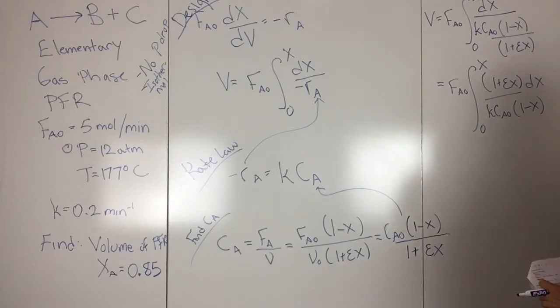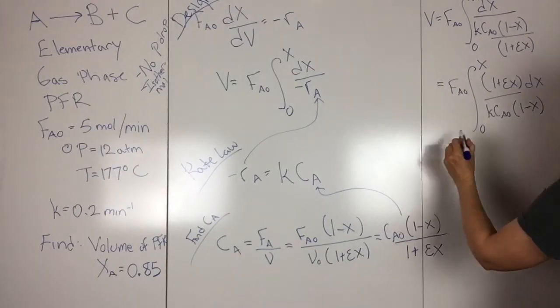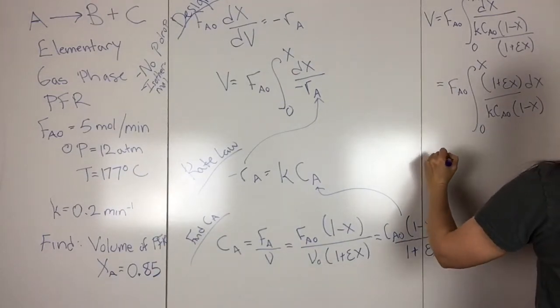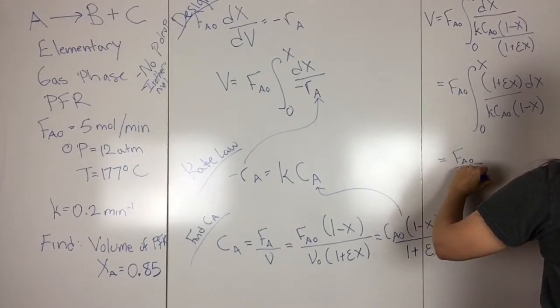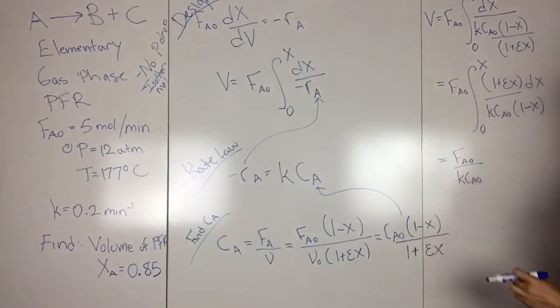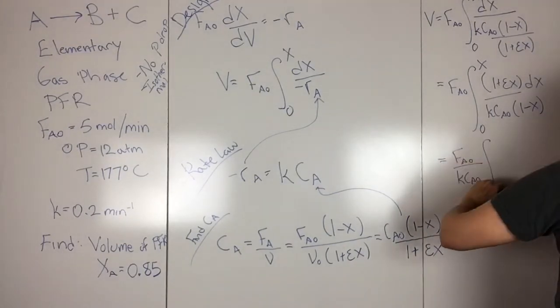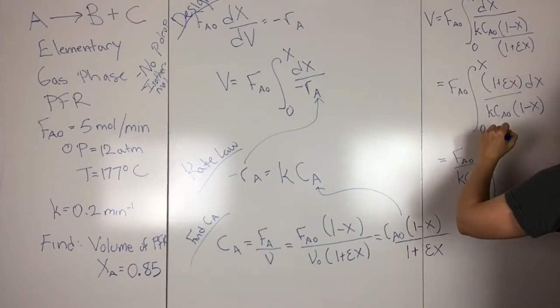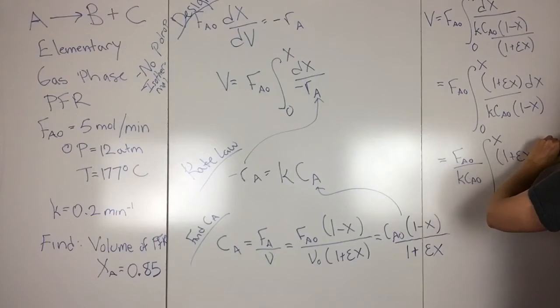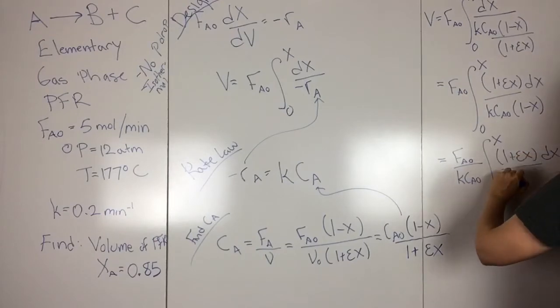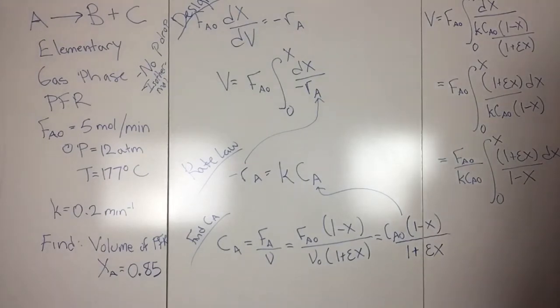And then pulling out these constants, we can rewrite this as FA naught over k CA naught, and we can pull k out because we're assuming it's isothermal, times the integral from 0 to X of (1 plus epsilon X) dX over (1 minus X).